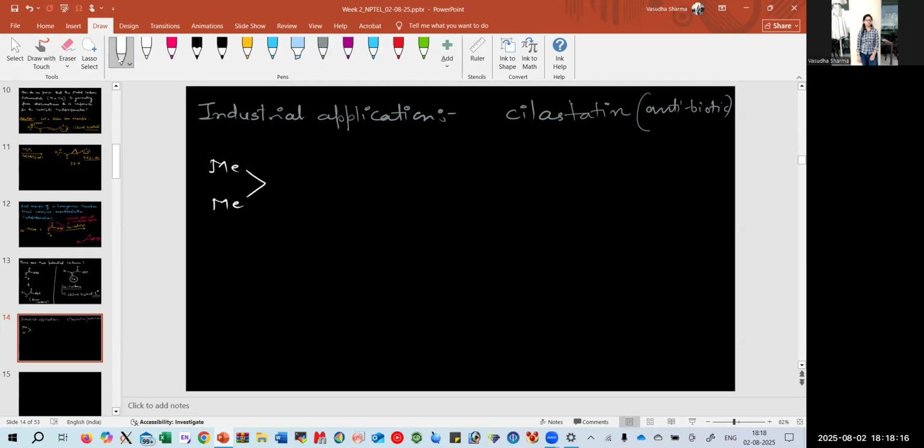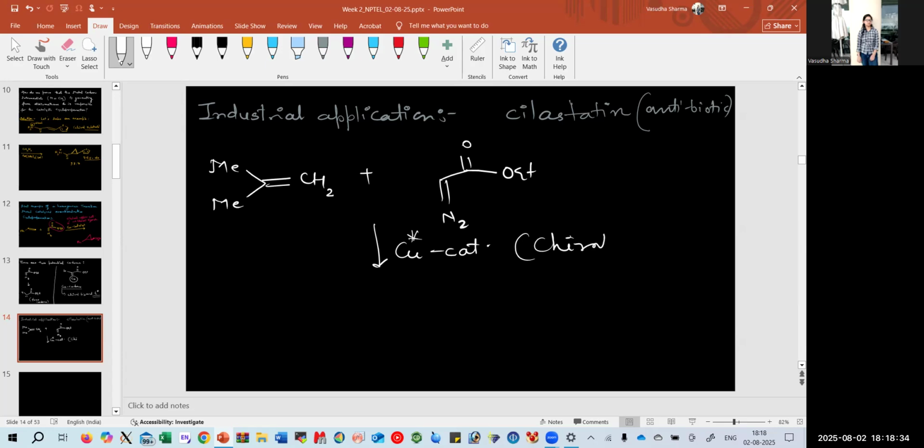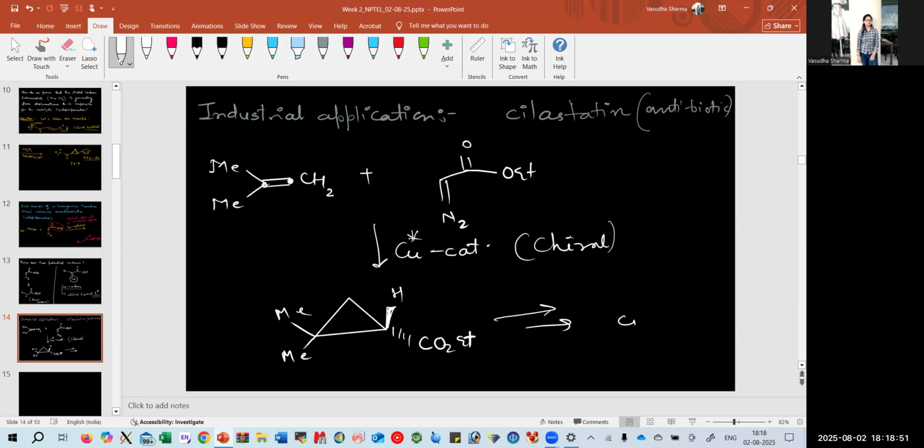If you take the substrate, the olefin, and then a source of carbene, which is diazoester, in the presence of a chiral copper catalyst, this is chiral. It would give you a cyclopropane group here, methyl, and a stereo center at this position. This can be further used in the formation of cilastatin, the antibiotic.